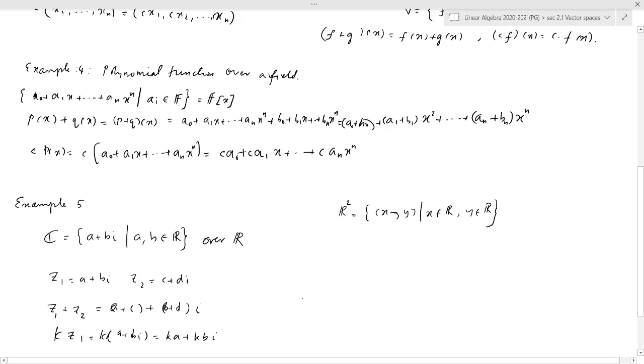The only difference is if you write the ordered pair (x, y) as x plus iy, you can consider that R2 as C itself. So R2 and C as vector spaces are both the same.